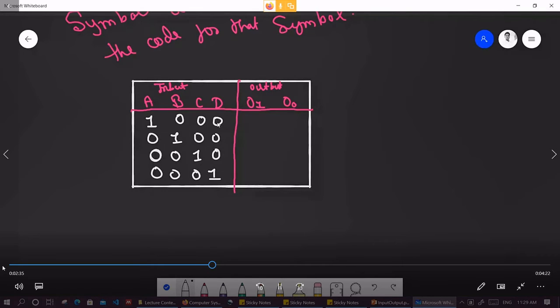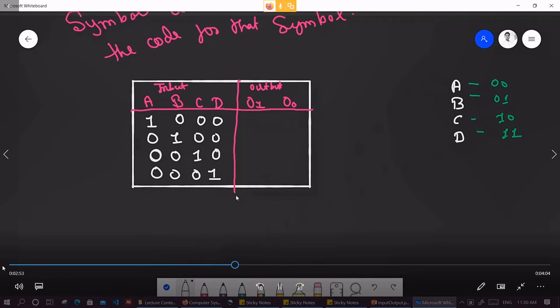Now 1000 will correspond to what symbol? Again we are using the same A, B, C, D, and the corresponding codes will be 00, 01, 10 and 11. Fine.